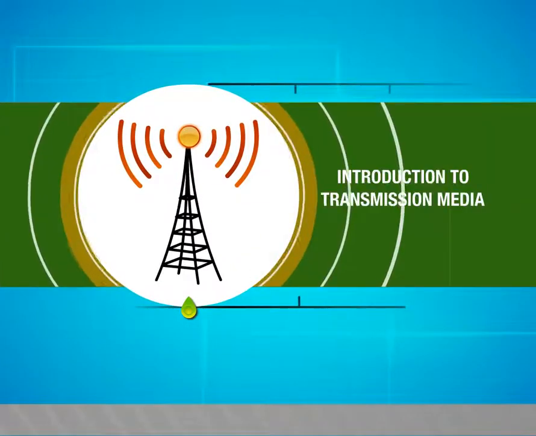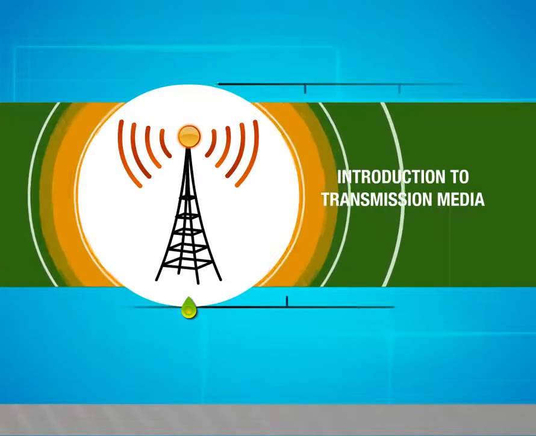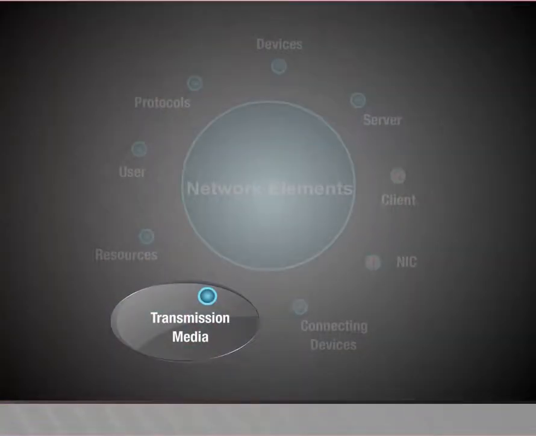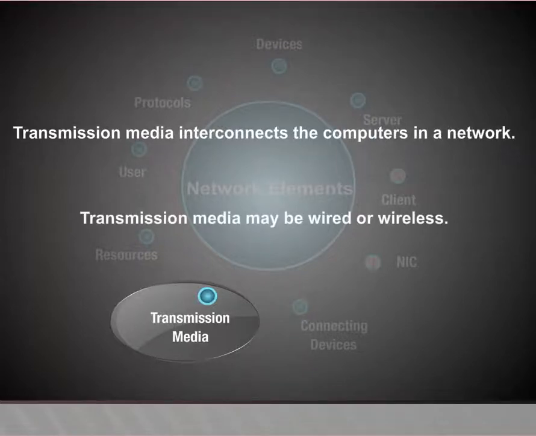Introduction to Transmission Media. In this video, we are going to see about Introduction to Transmission Media. Transmission media interconnects the computers in a network. Transmission media may be wired or wireless.